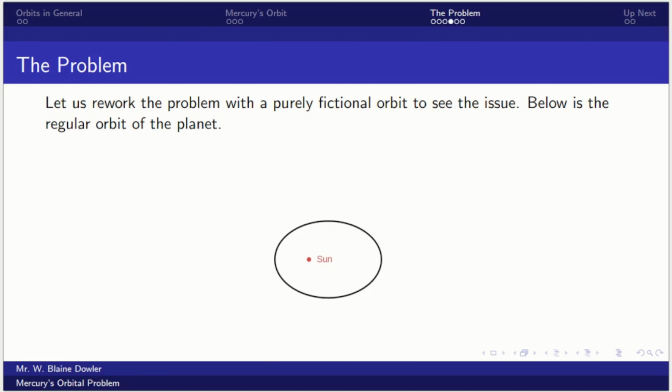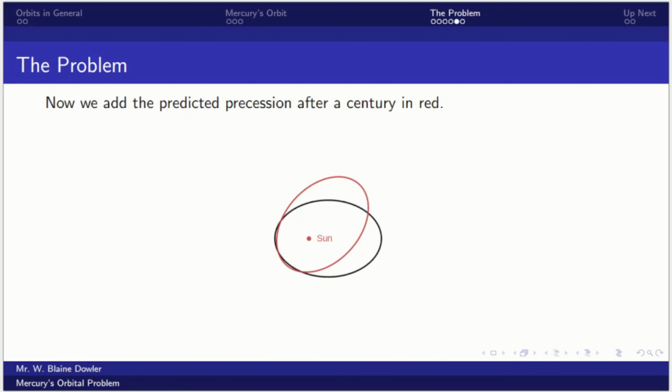If we look at where it is now, this is a fictional orbit with one amount of precession, what was predicted, and the blue is what was observed. So we can see it's not the same thing. These orbits have been shifted. And that's the problem. Mercury's orbit was rotating faster than Newtonian mechanics could explain.